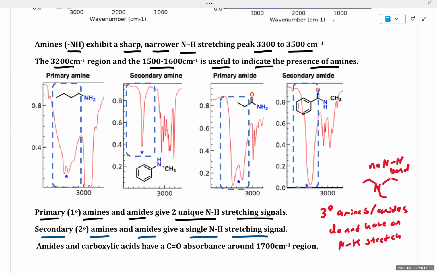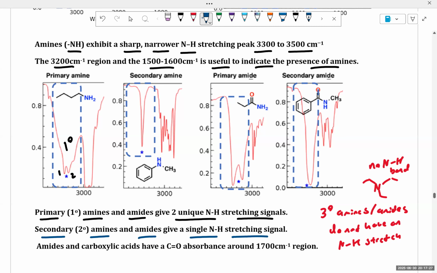So as we can see in this case, if we look at a primary amine, we see two peaks. Well, if we compare that to a secondary amine, we just see a single peak. The reason for that is for a primary amine, you can have both symmetric and asymmetric stretching, while for a secondary amine, there's no second NH bond, so you don't have as many unique vibrational modes.